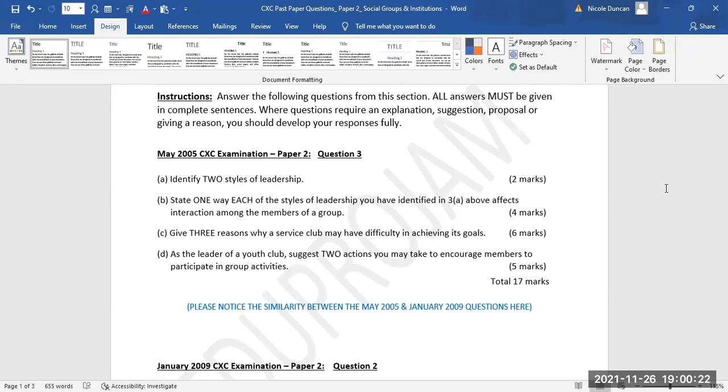And what we're looking to see here is that we want to tie the main feature of the style of leadership to show how it is beneficial or not beneficial to the group, how it affects interaction in the group.